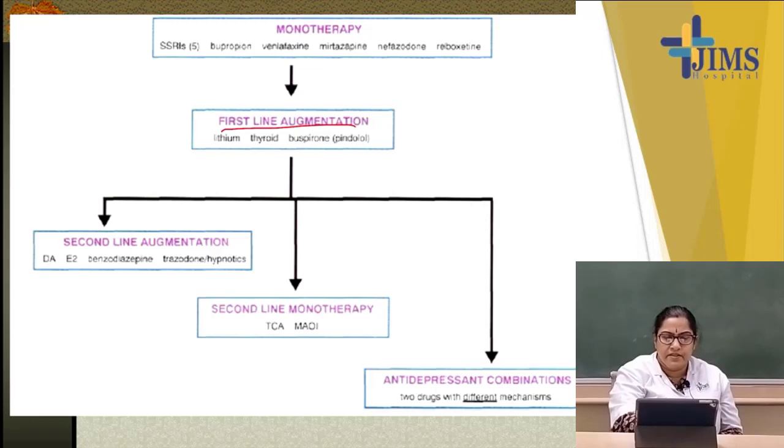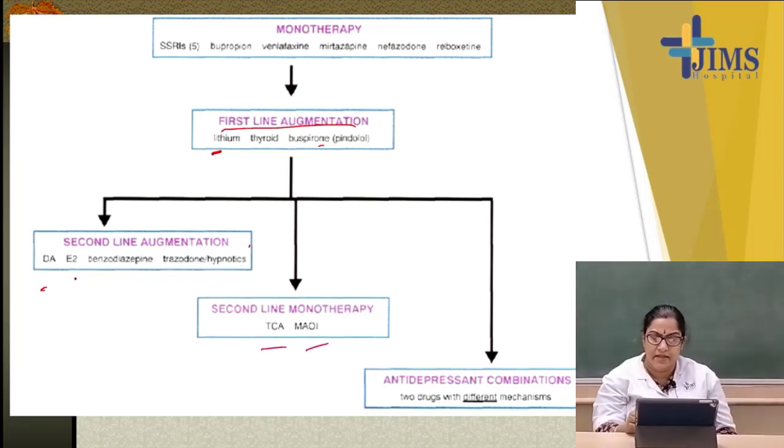First line augmentation is done with the help of lithium and buspirone. Next, second line augmentation with the help of dopamine agonists, epinephrine, benzodiazepines and trazodone or hypnotics. Second line monotherapy is with tricyclic antidepressants or MAO inhibitors. Antidepressant combination is very good and should be given, because the two drugs will have different mechanisms of action.